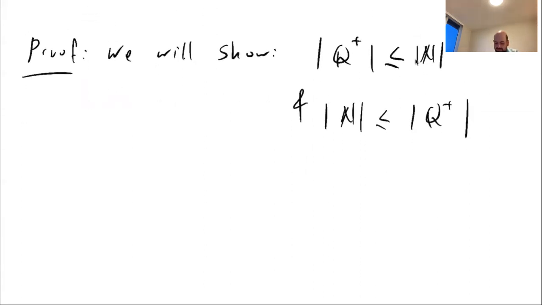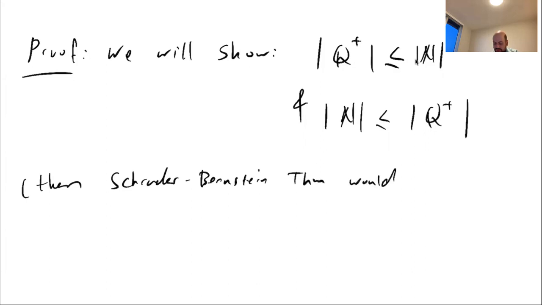So the Schroeder-Bernstein theorem would imply that the cardinality of Q plus is equal to the cardinality of natural numbers. Okay, so it's only left to show these two.